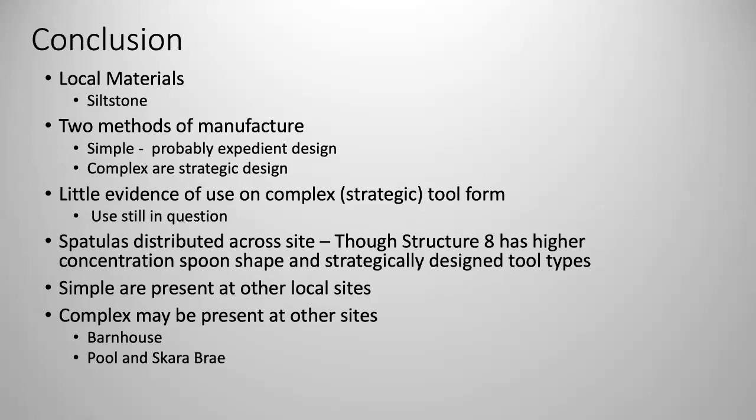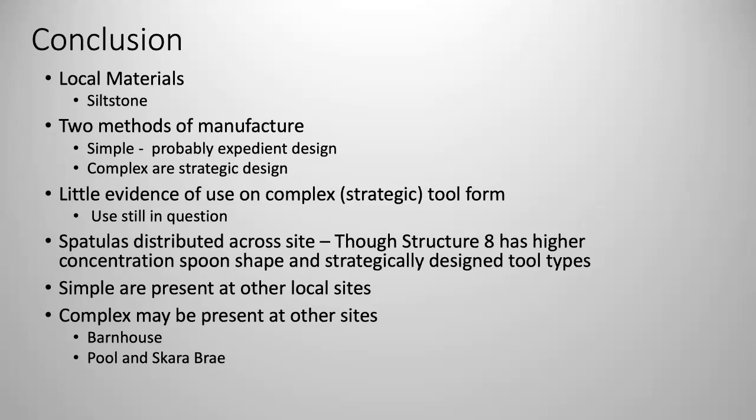It appears there are two methods of manufacture: a simple, probably expedient design, in which the tools are shaped through use, and then a more complex strategic design in which the tools are made to a shape rather than shaped through use. There's little evidence of use wear on the complex strategic tool form, and their use is still in question.